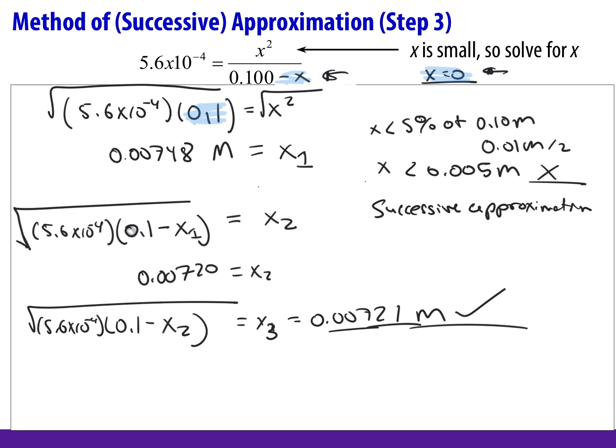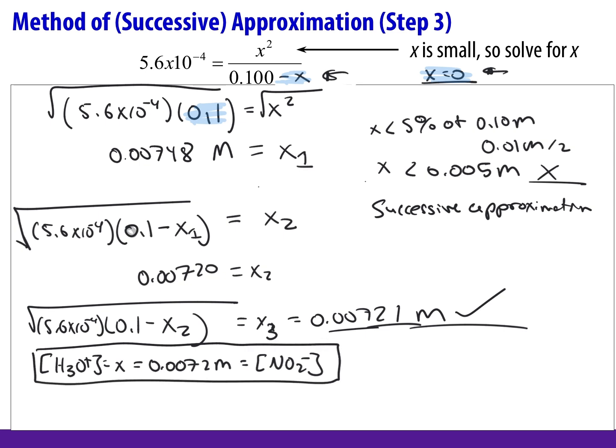At this point, I can go in and do all the rest of the problem. If I want to know the concentration of H3O+, that's just equal to x, which is 0.0072, to 2 sig figs. That's the exact same as the concentration of NO2-, because those are both equal to x in the ICE table.